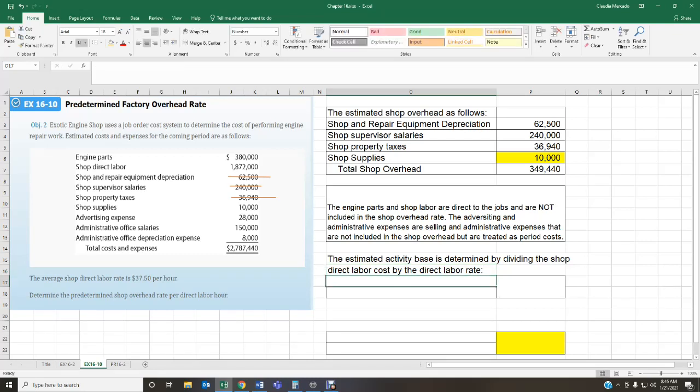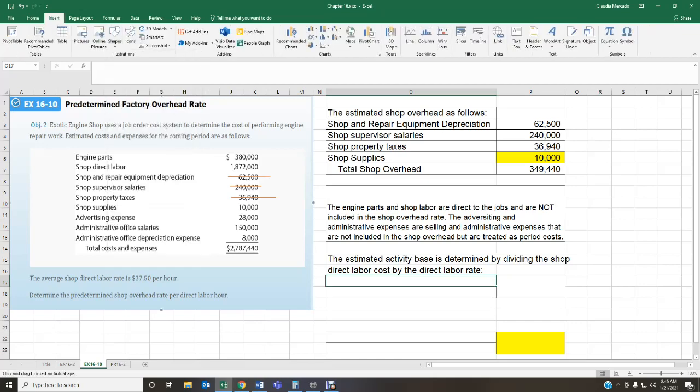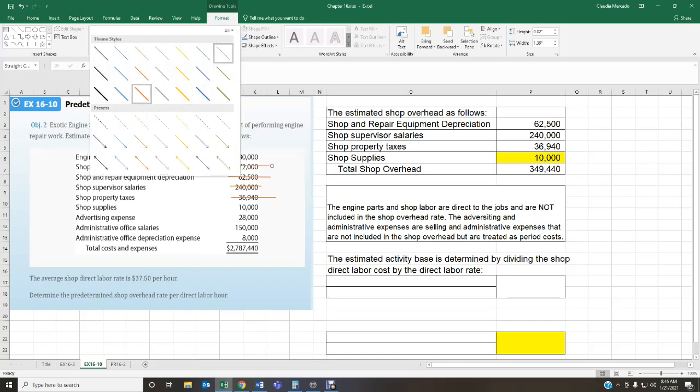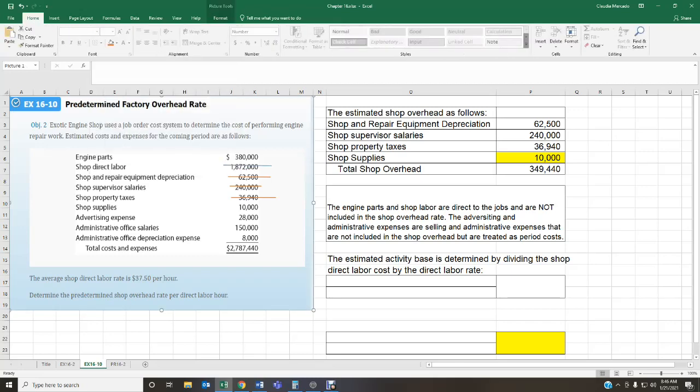My shop direct labor cost, the total, was $1,872,000 right here. That is my shop direct labor cost. That's how much I spent in labor during this period.